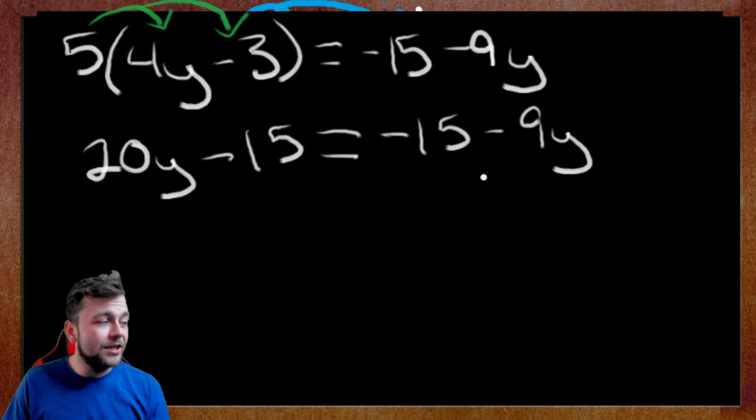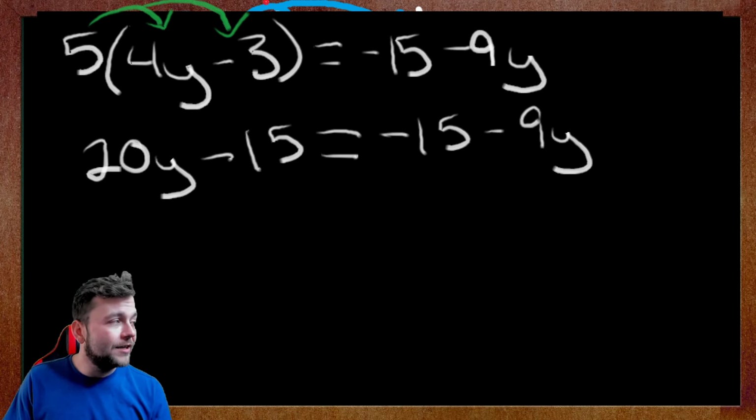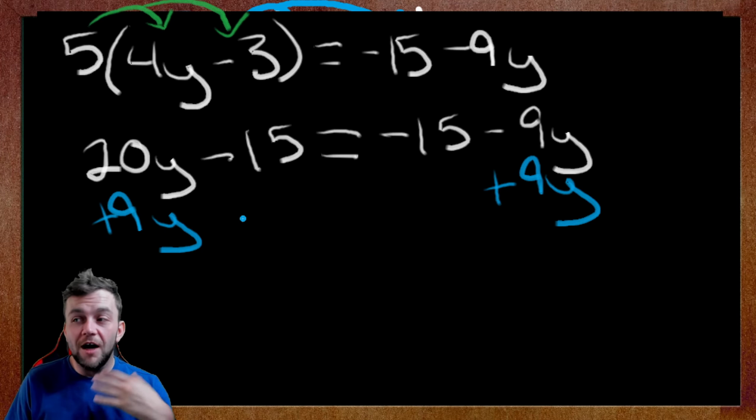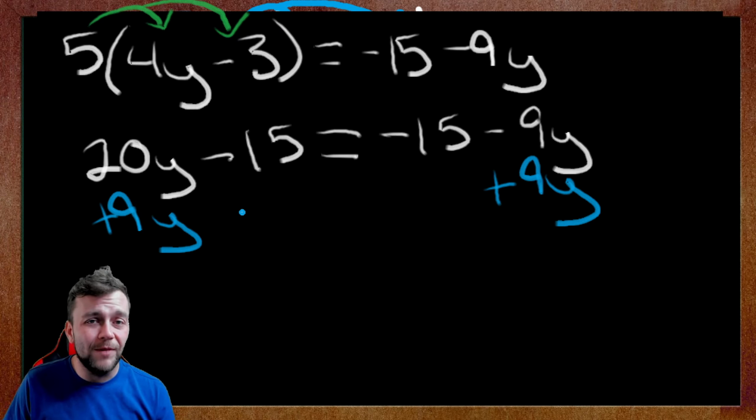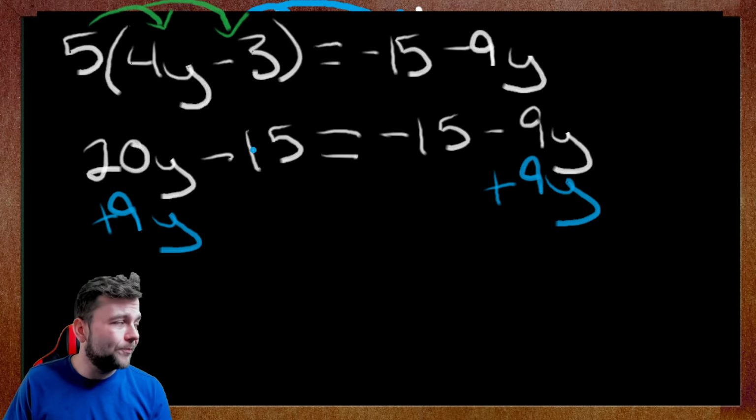So let's go ahead and we're going to add 9y to both sides. I'm starting off with the variable because variables kind of can suck if you don't. You don't have to, but it's just best recommendation. Think of it like your teacher's telling you need to do something, right?